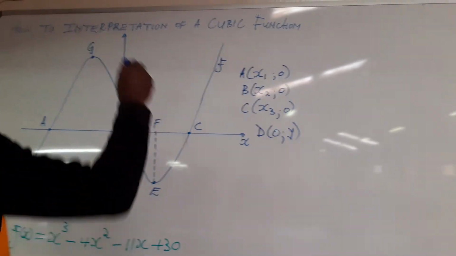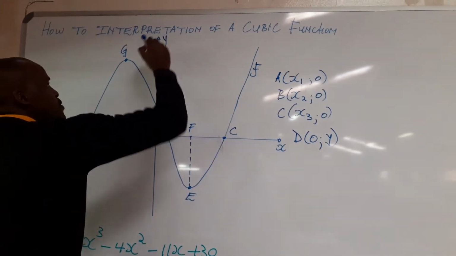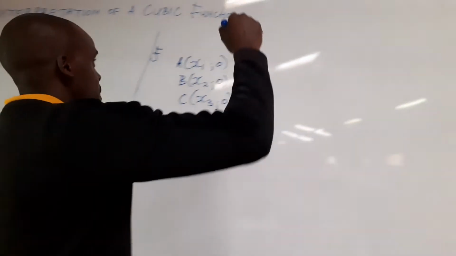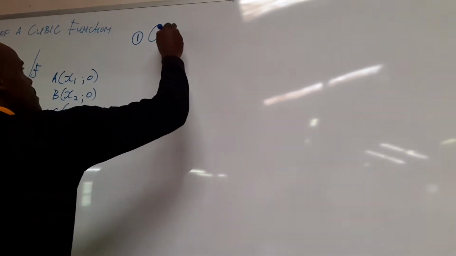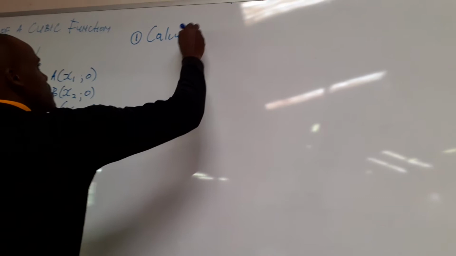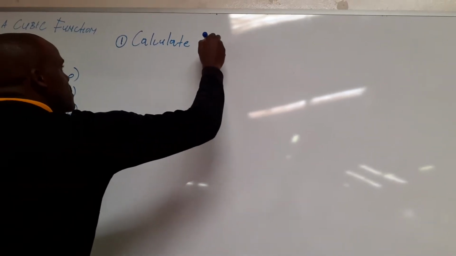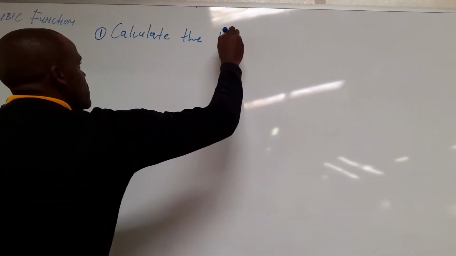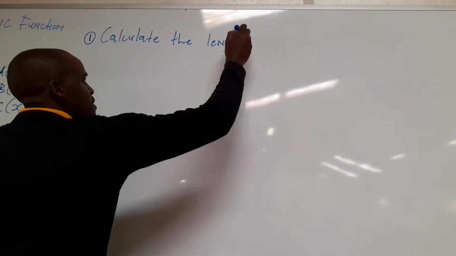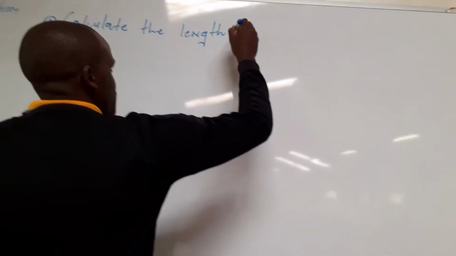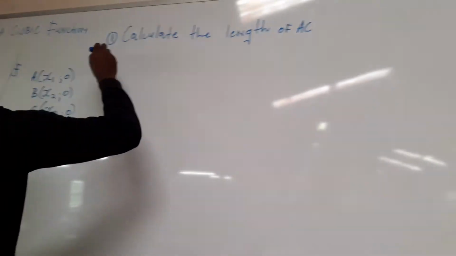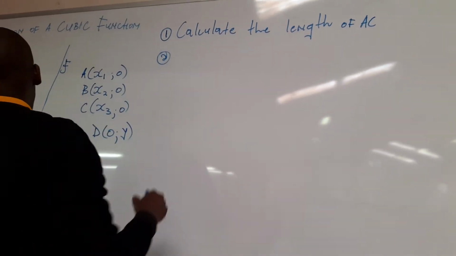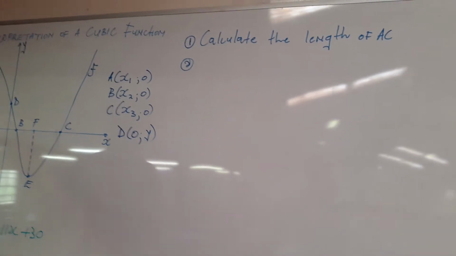Let's continue to the questions. The first question: calculate the length of AC. And then the next question: calculate the length of EF.